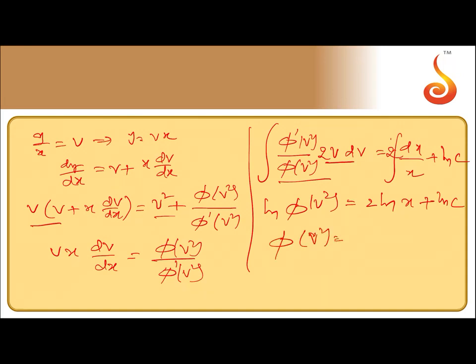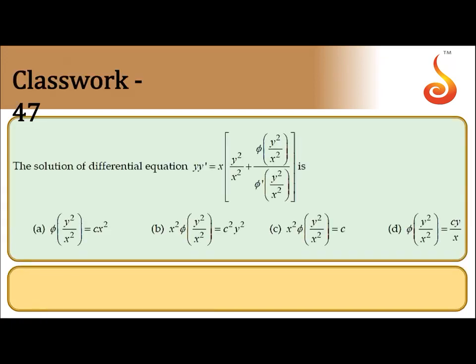Eliminating the logarithm, phi of v square is equal to cx square. And therefore the answer is phi of y square by x square is equal to cx square. The answer is A.